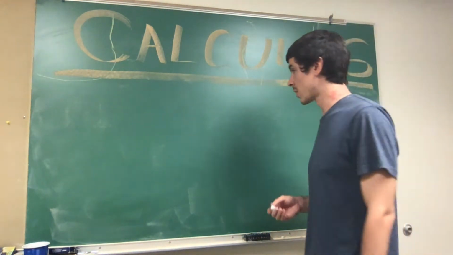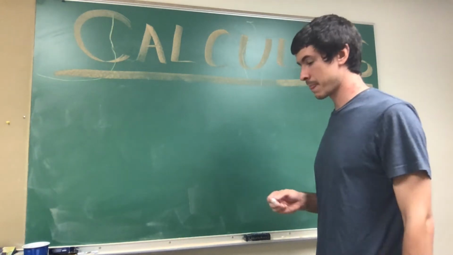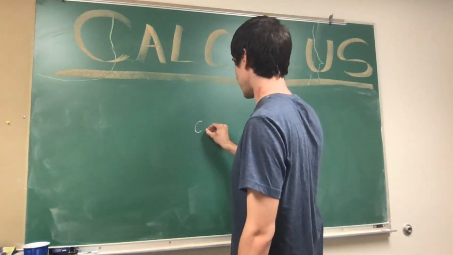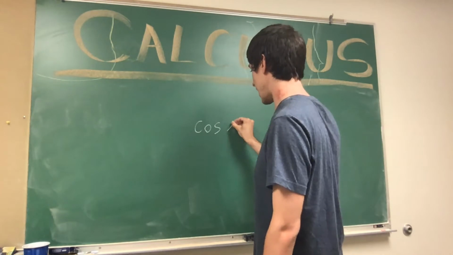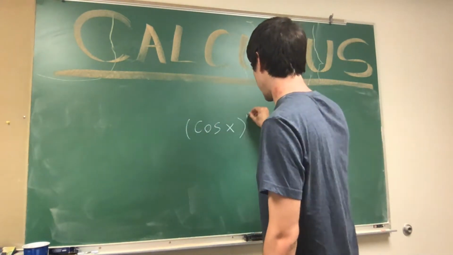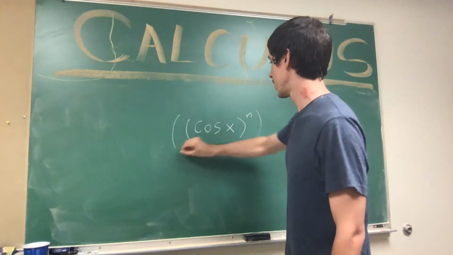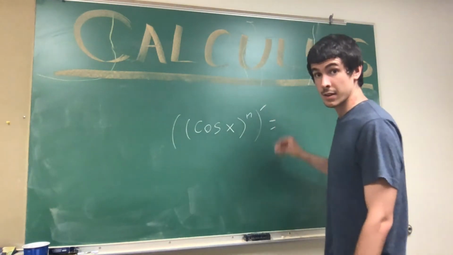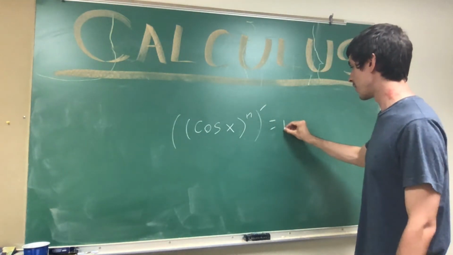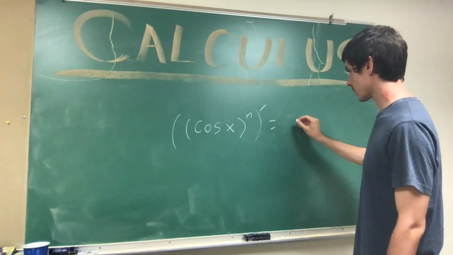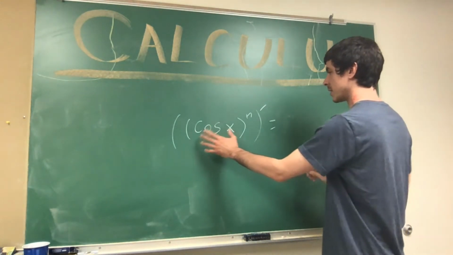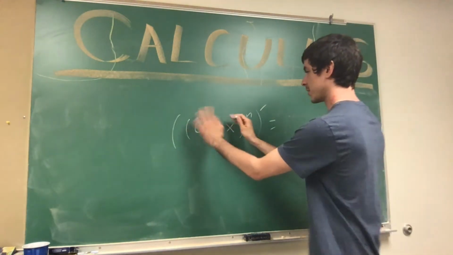So one good example is a simple example, cosine of x to the n. The derivative of this equals the derivative of the function w to the n, right?